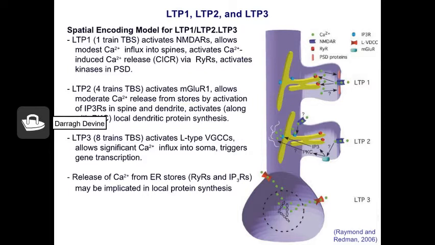So Raymond and Redman proposed a summary of the actions that occur in LTP1, LTP2, and LTP3. And that summary is depicted in the diagram at the right of this slide.